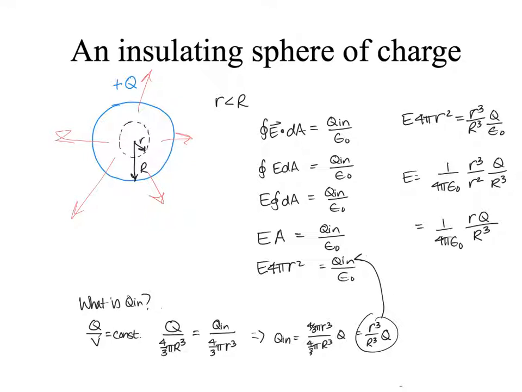And so what's going to happen is I'm going to get a fraction of the total charge. And look, when little r is equal to big R, then the electric field will end up looking just like the point charge again.